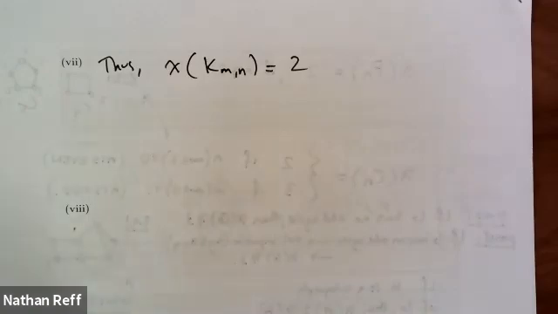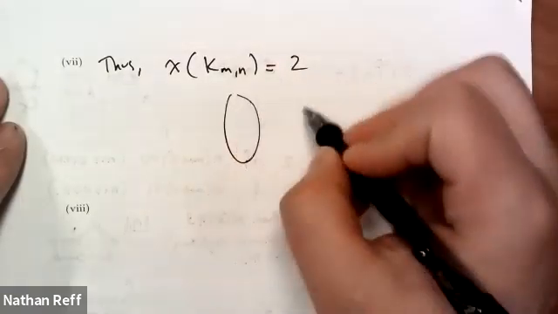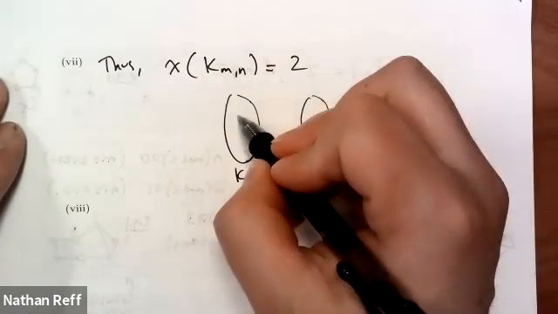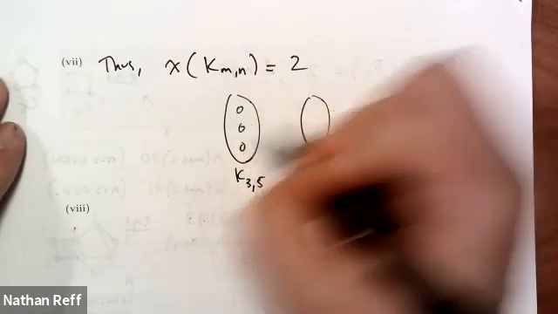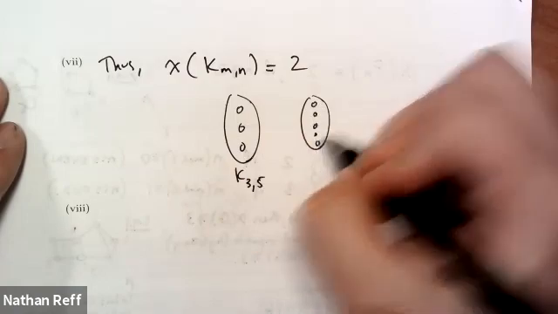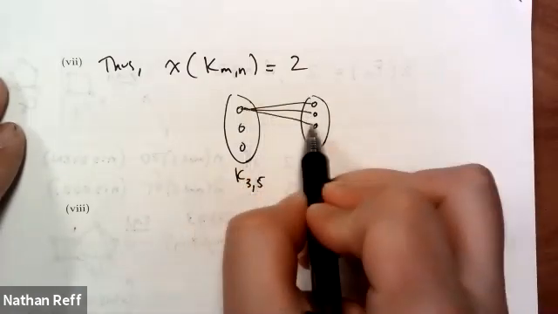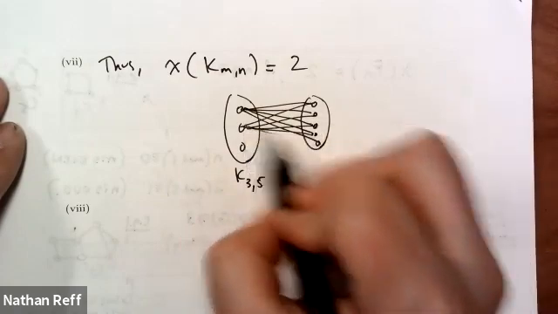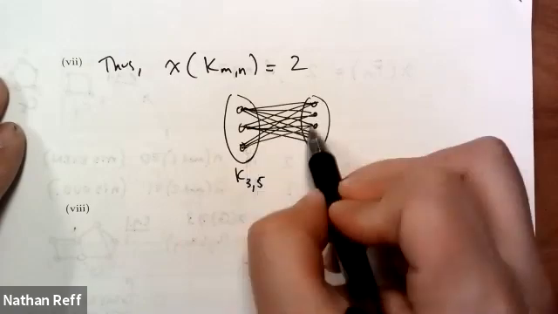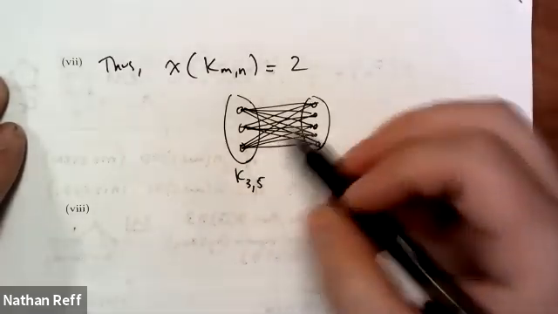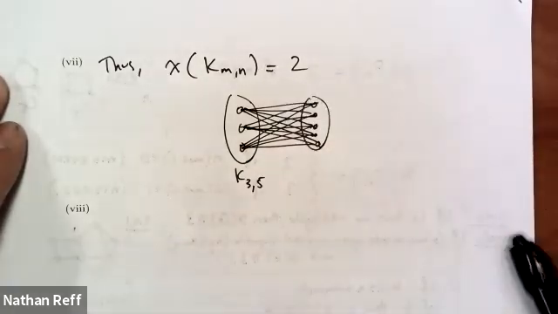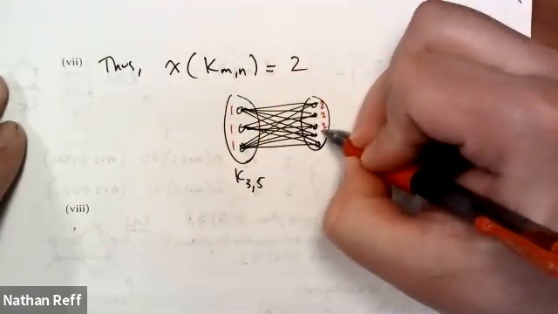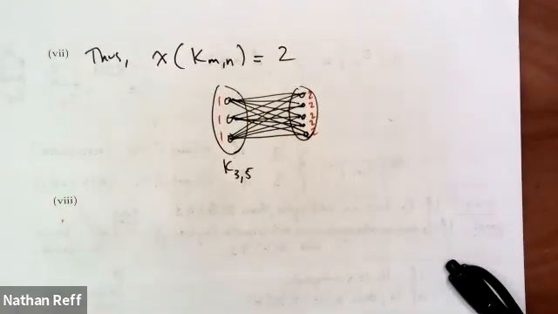I think I already gave you an example of this, but for example, if I had K3,5, it's going to have a lot of edges. So still only need 2 colors. You color all these vertices 1, color all these vertices 2. Proper 2-coloring.